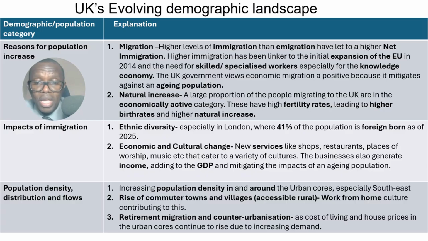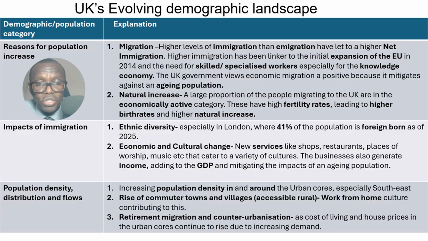So that means that this economic migration of these specialized or skilled workers is a good thing, because these kinds of people will come in and they will work and they will earn and pay taxes, and those taxes are the ones that are going to be paid as pensions to the people that are in the older age category. So the people that are retired, their pensions normally come from the taxes that people have paid.